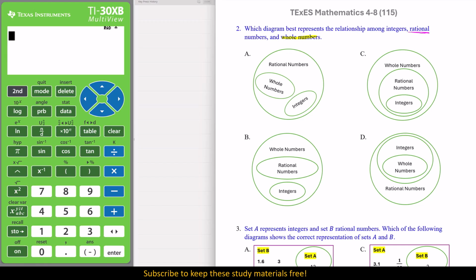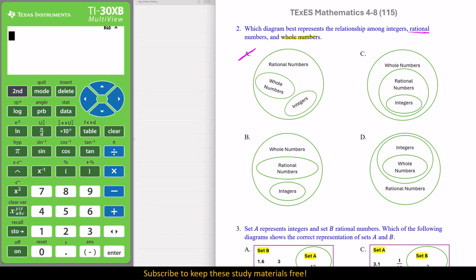If we look at A and B, A says whole numbers are not a subset of integers, and integers are not a subset of whole numbers. Either way, that's incorrect. We need whole numbers to be a subset of integers. So A does not meet that definition.